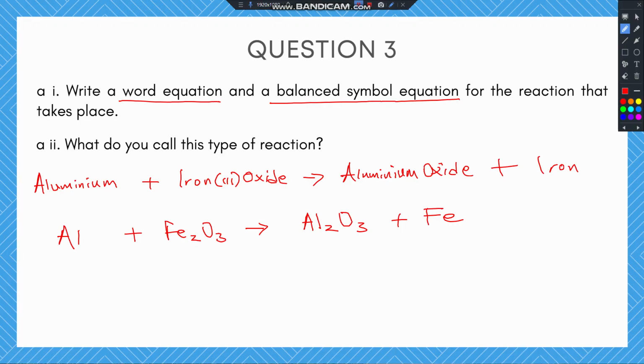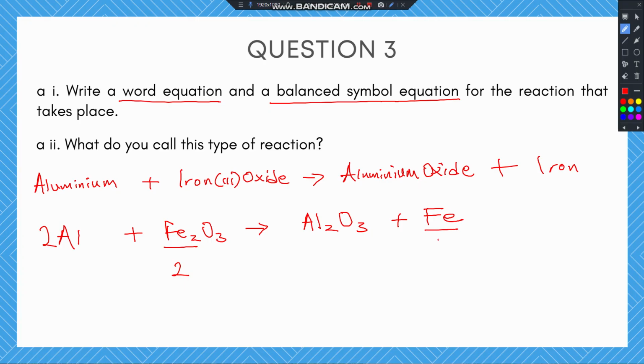Now let's balance it. To balance it, let's check how many atoms of aluminium we have. On the left hand side we have just one. On the right hand side we have 2. So to make everything equal, we need to add a coefficient of 2 over here to make aluminium atoms balanced. The next element is iron. On the left hand side we have 2 atoms of iron.